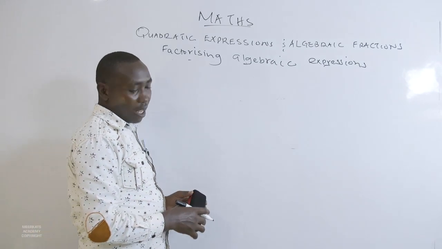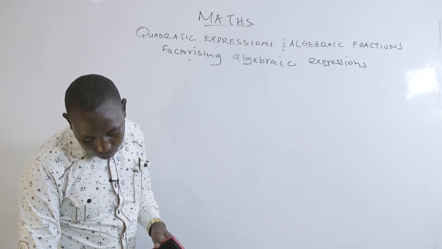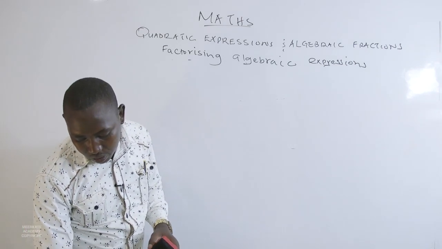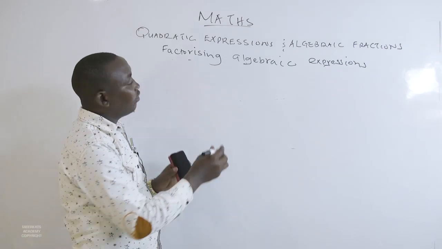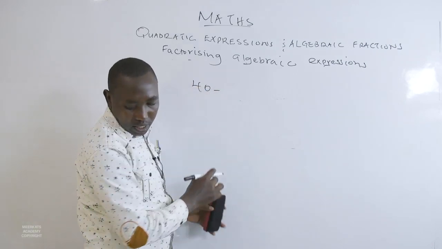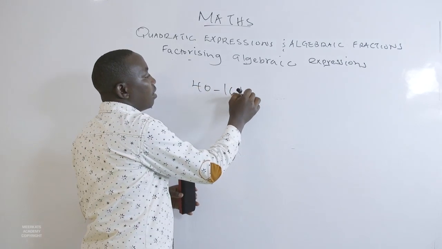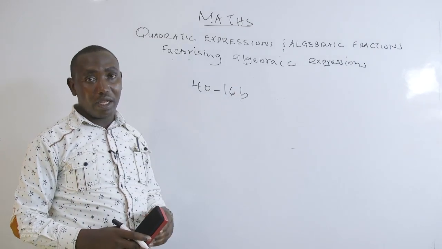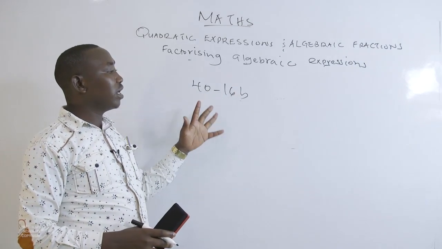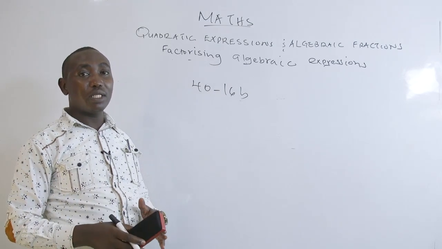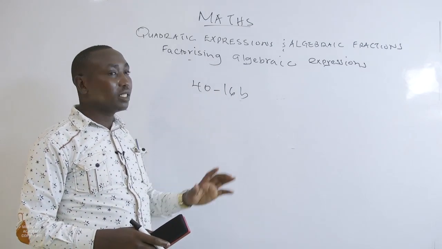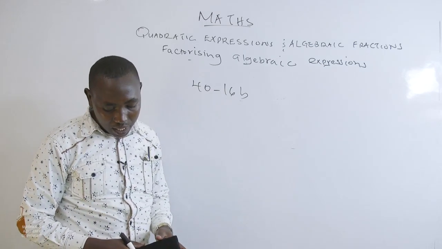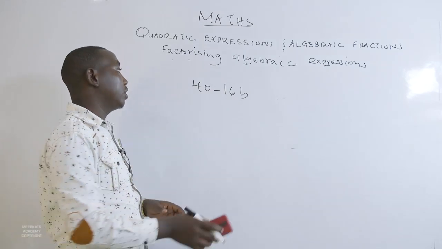Like, for example, if you are given 40 subtract 16b, this is an expanded expression which we can factorize by picking out the factors that are common for both terms, that is 40 and 16, as we are going to see.